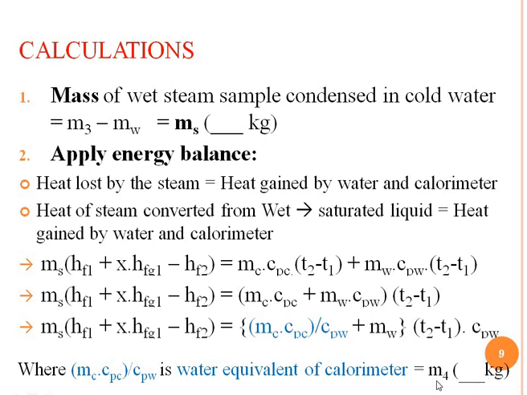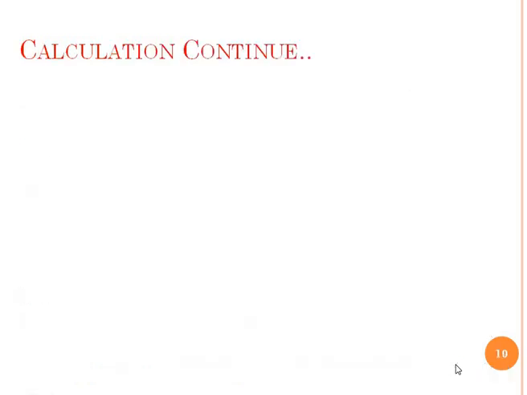We are writing it as M4. This MC multiplied with CPC divided by CPW indicates the mass of the copper calorimeter in terms of water equivalent. So we have given it the name water equivalent of calorimeter, measured in kilogram.